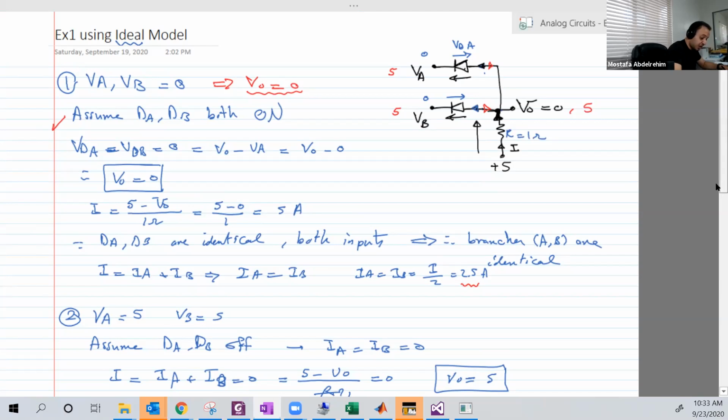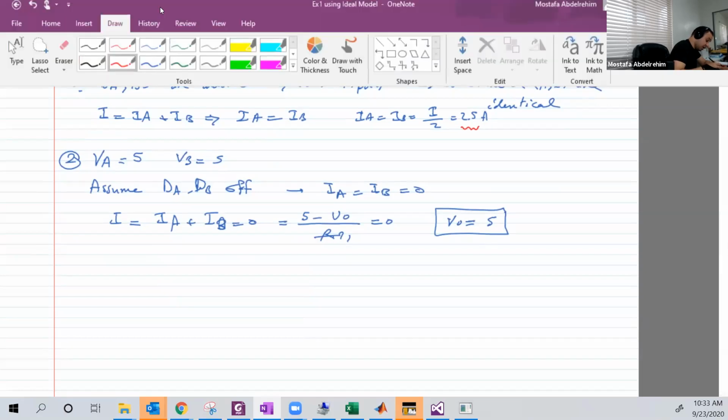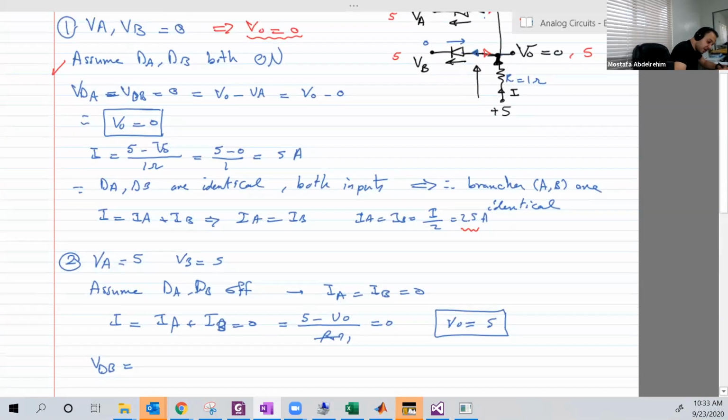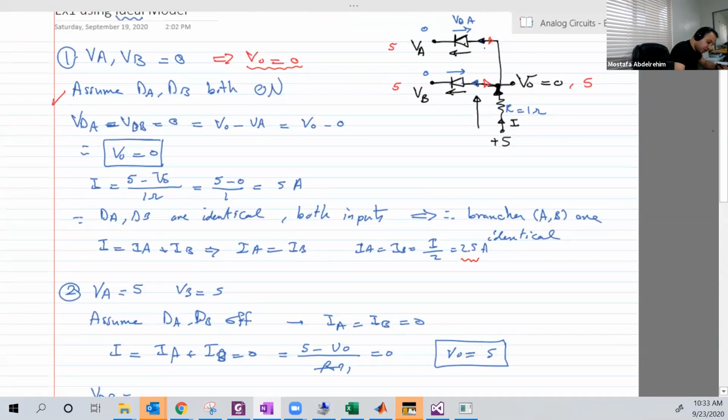Now we want to check if we are right or wrong. Just do the voltage drop. VDA is equal to the voltage on the B minus the voltage on the N. The voltage here is VO, the voltage here is 5.